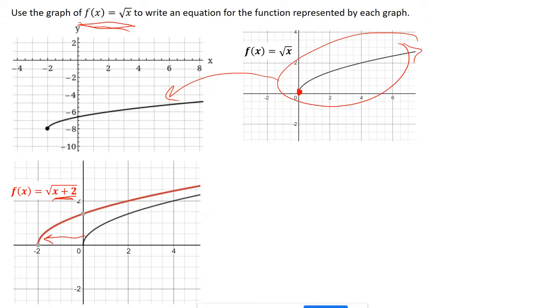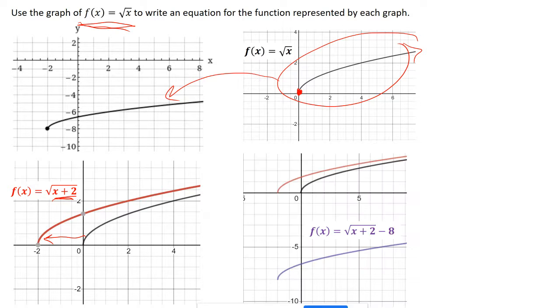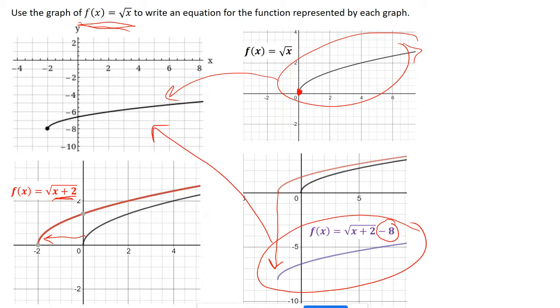So at least now I'm in the same area to the left, but now I need to go down. So to go down, I'm going to subtract 8 on the outside of the square root, and that's going to cause my graph to move all the way down 8. So now you can see that this graph is the same as this graph. And so our equation is f of x equals square root of x plus 2 minus 8.